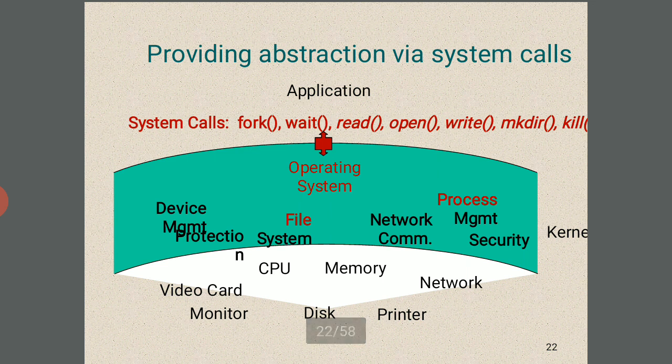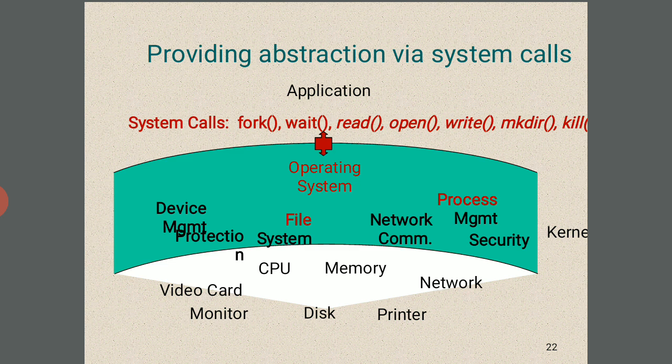Here, see the providing of abstraction via system calls. Yesterday in class we already discussed system calls. Application system calls include fork, wait, read, open, write, mkdir and kill. These system calls are an advantage of the operating system. Read the application, write the applications.